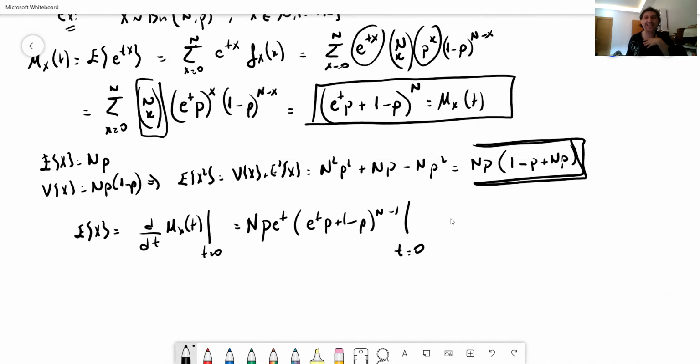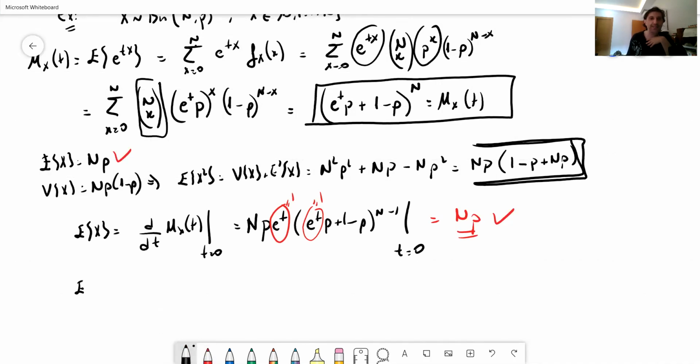Note that the derivative of that term is the very same term, and here we have p times exponential t. When you put t equal to 0, p minus p is 0, so the first factor is 1, and p e to the power 0 is another 1, so we have n times p here, and we have the first check.